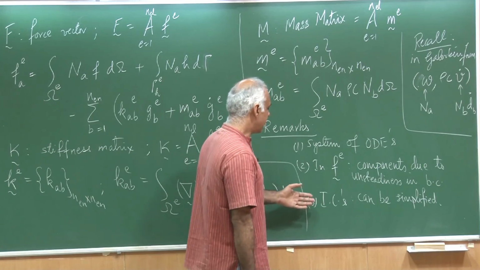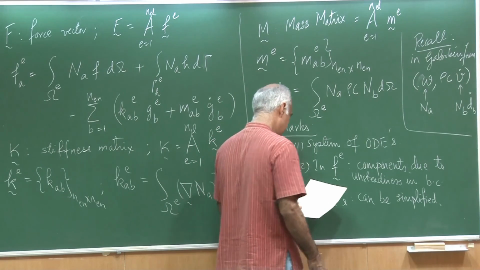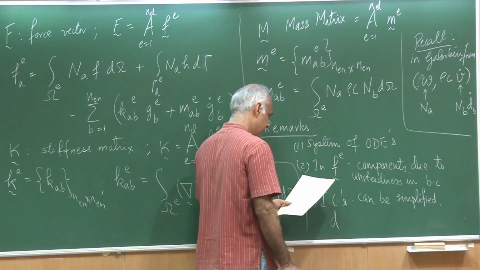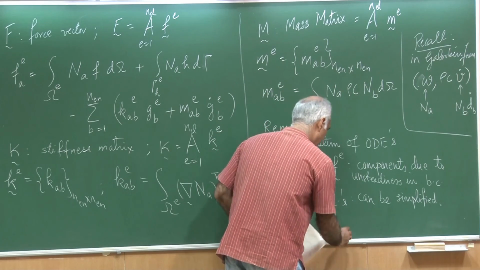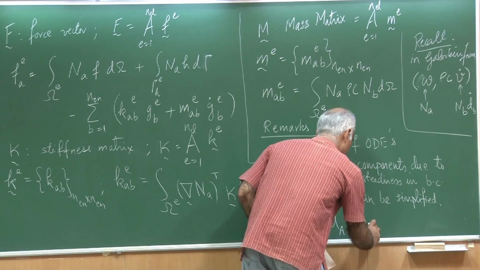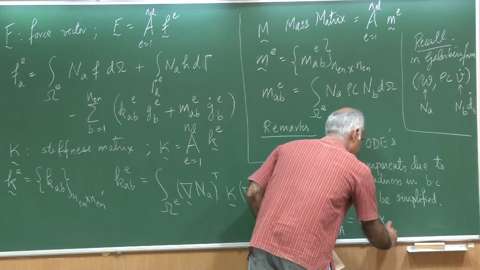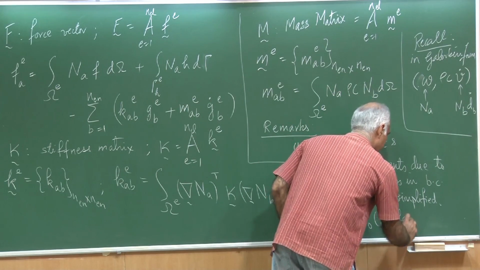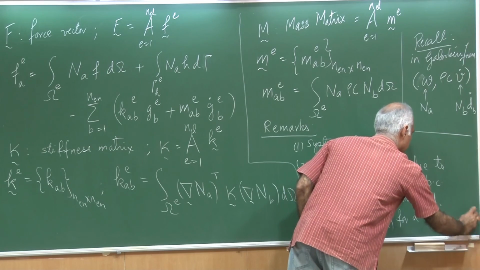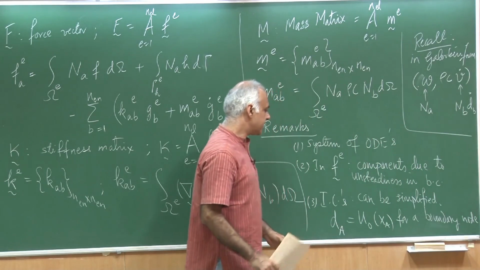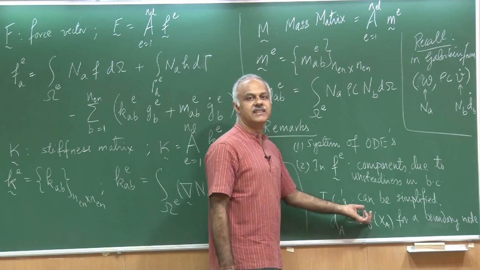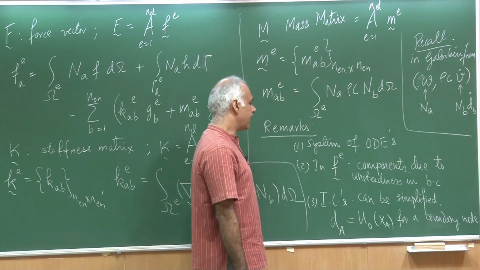Instead of that, we can actually give a direct condition. So, we could say, for example, that directly d_a at t equal to 0 is equal to u_0 at x_a for a boundary node. So, if I have a g type boundary node, I could actually give this initial condition directly, and not go through the long process.